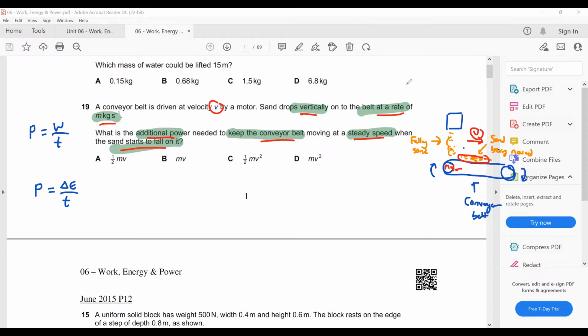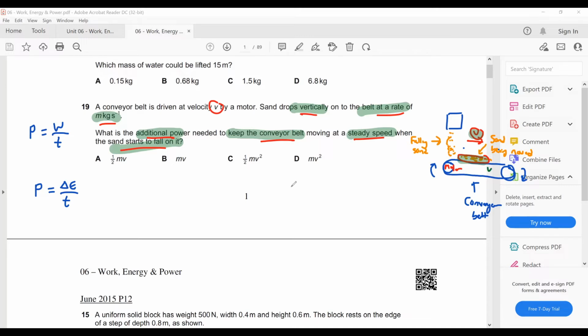Now you might have considered the fact that if the conveyor belt was moving at speed v, the sand will also be moving with speed v, right?